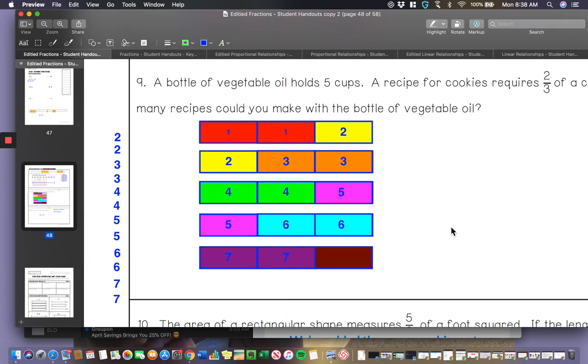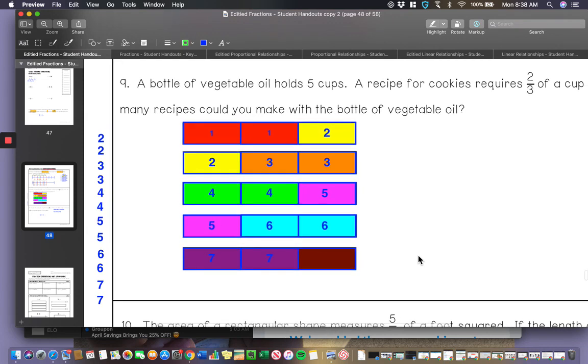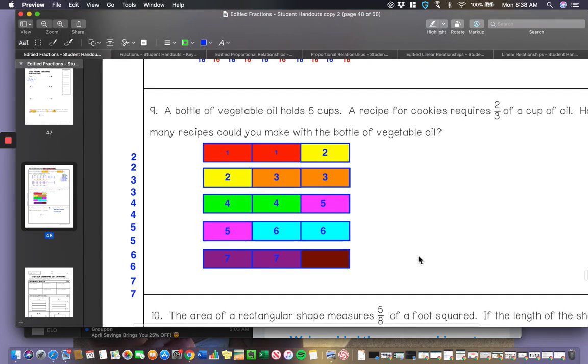Now, this is where things can get a little bit fishy. So I have this orange piece here. It represents 1/3. Now I only have 1/3 left of oil. Well, how much will that make of a batch of cookies? Well, if I could make a whole other one, I would have an extra third here.